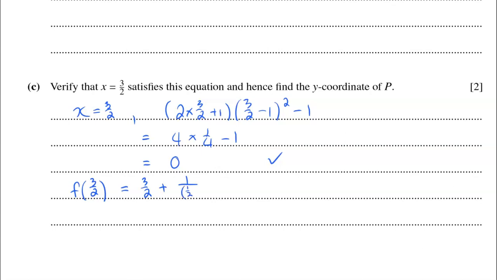So we have a half, and of course that was squared, and plus 2 on the end. Okay, so a half squared is a quarter, and 1 divided by a quarter is 4. 4 plus 2 is 6, and 6 plus 3 on 2, 6 is 12 on 2, and 12 plus 3, so we would get 15 on 2.